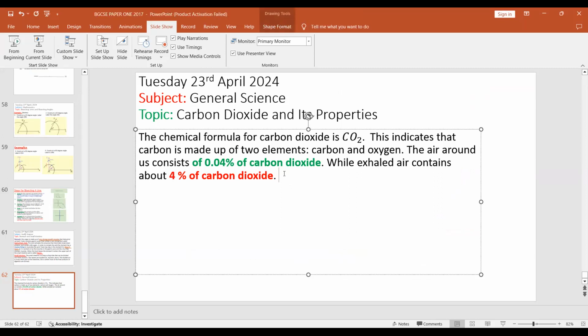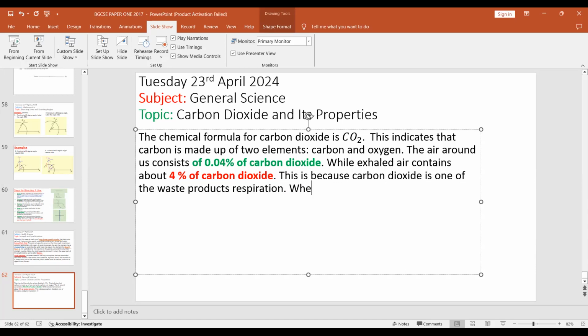Why is that? This is because carbon dioxide is one of the waste products of respiration.